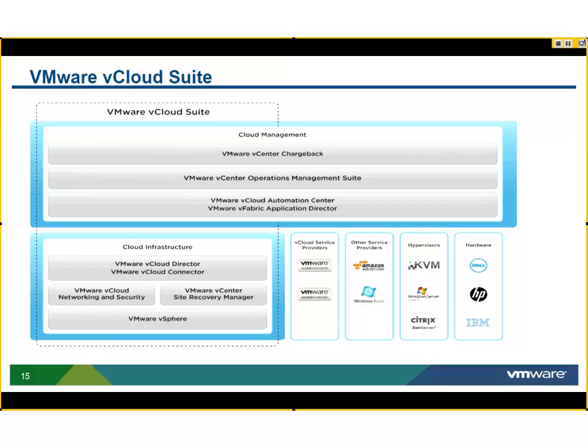And it works with other hypervisors. It doesn't have to be just our hypervisor. It works with whoever's hardware. So an important point of having a cloud is to have a cloud that can include other people, not just the one vendor. Another example is OpenStack. VMware and OpenStack have a very close relationship in working with cloud software.